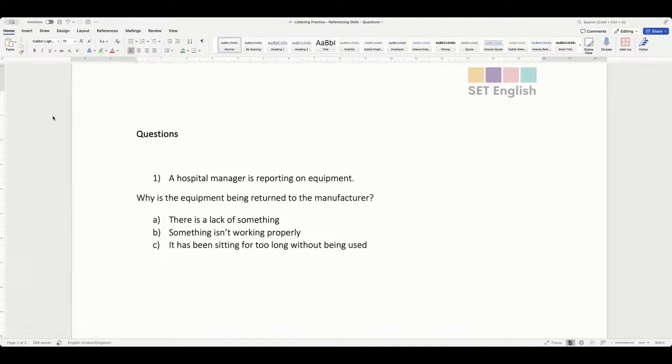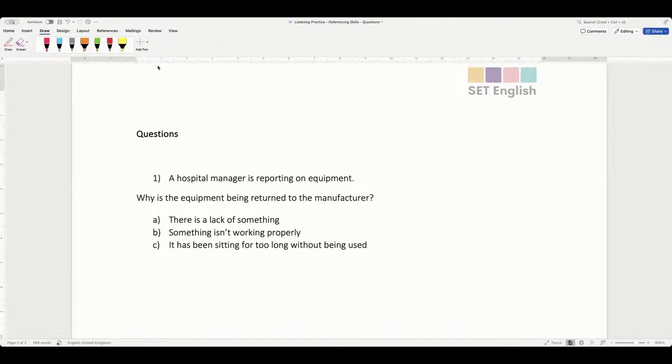I'm listening for a context where it talks about the equipment and the manufacturer. Well, yeah, but you know that the context is going to be like that. That's not something that you need to think about in your preparation. How are you preparing yourself to listen? What are you going to listen for?